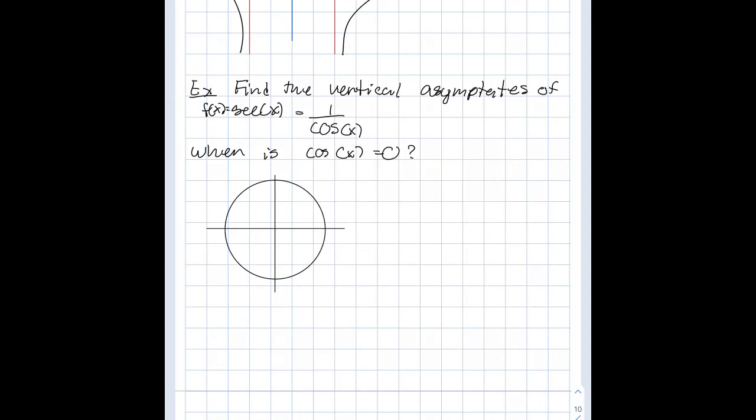On the unit circle, cosine is going to be 0 at pi over 2, 3 pi over 2, and then I can keep going around the circle. So I can go again at 5 pi over 2, 7 pi over 2, and so on. So we can write this out as every odd multiple of pi over 2.